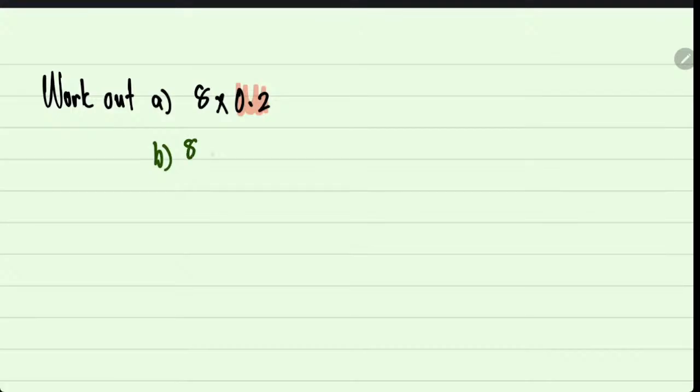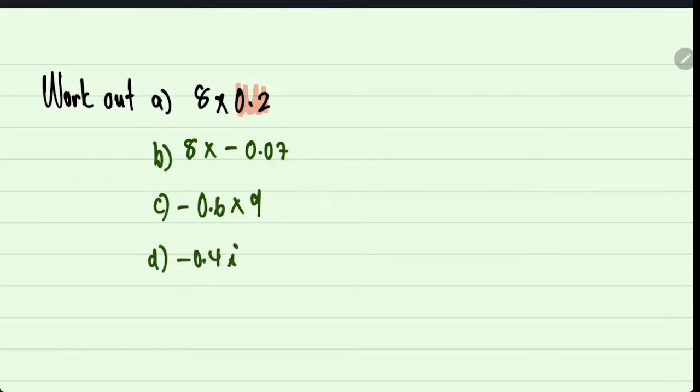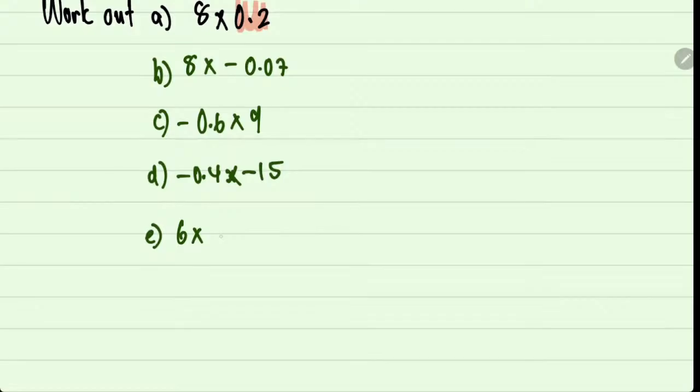Next one, it asks us to solve 8 times negative 0.07. Negative 0.6 times 9. Negative 0.4 times negative 15. Your answer should be positive now because the signs are the same. What is 6 times 0.05?